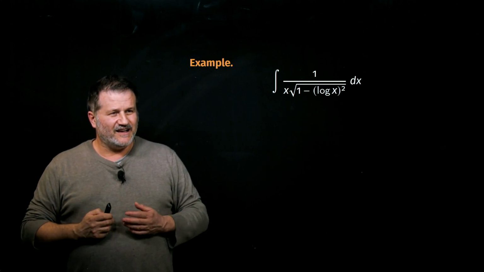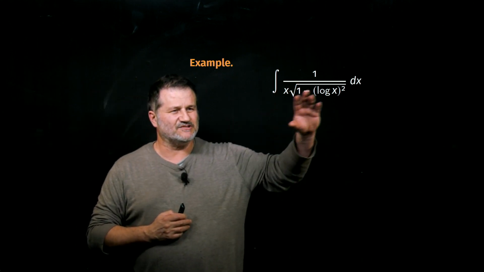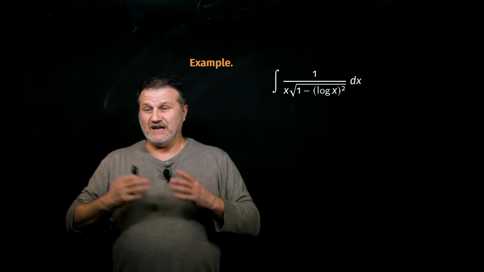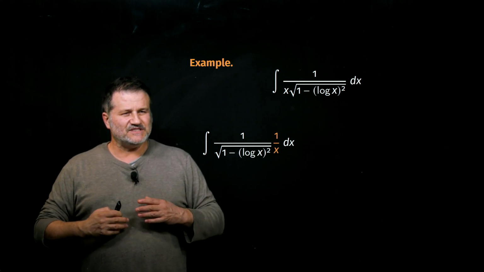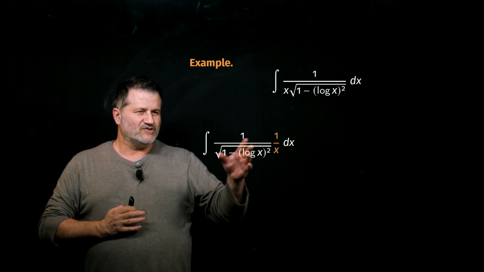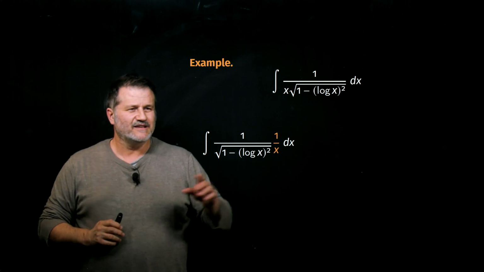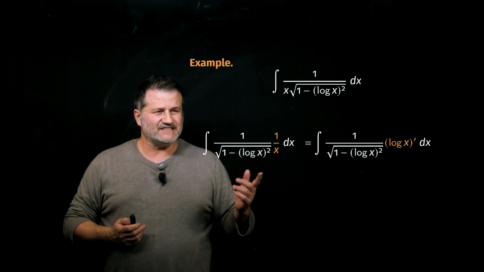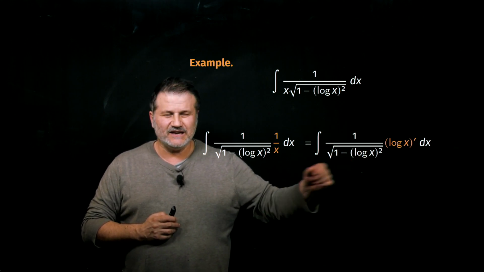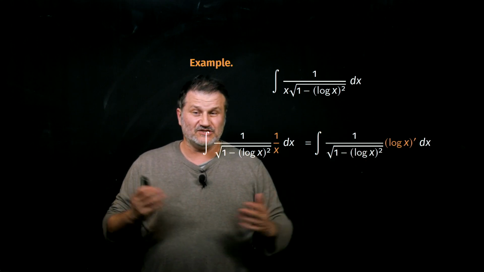Nice. Here we have another example. We have this primitive, 1 over x times the root of 1 minus log of x to the power 2. It could be apparently difficult. Sometimes it's just a question of rewriting things. So you see that if we put the factor 1 over x alone at the right, 1 over x is the derivative of log of x. And therefore, we may recognize something here, because when do you obtain 1 over root of 1 minus a square?